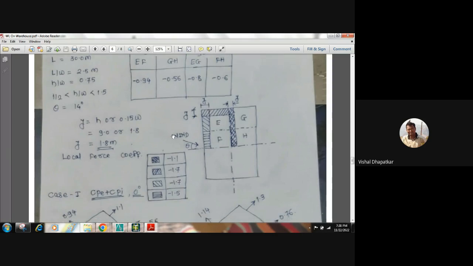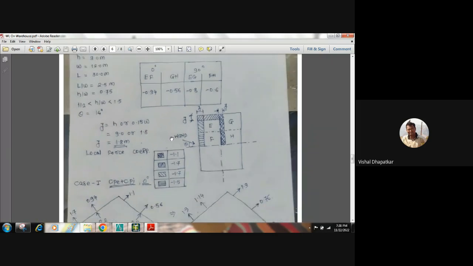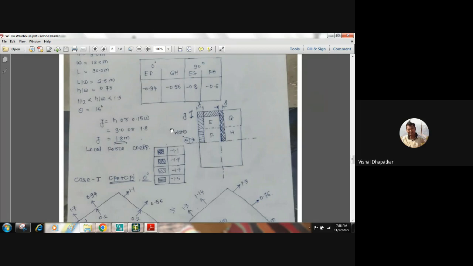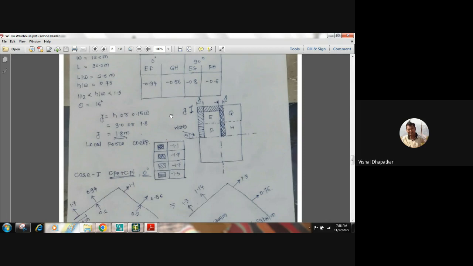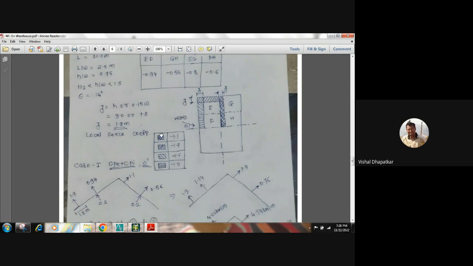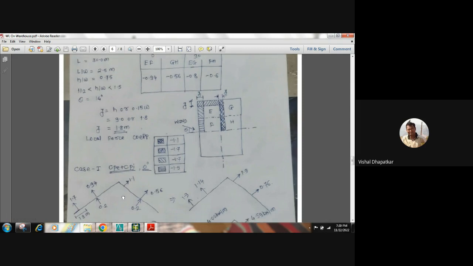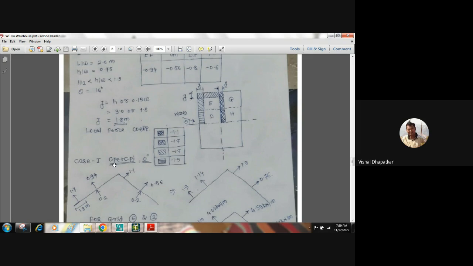For roof, the wind load is acting always away from the roof, so it is not creating suction, but it is creating some tension force in the roof, or it is pushing the roof away from the structure. So the force is always negative. So again, we have to combine this with CPE and CPI, that is external pressure coefficient and internal pressure coefficient.